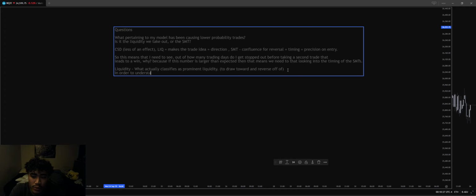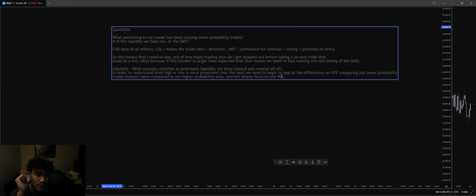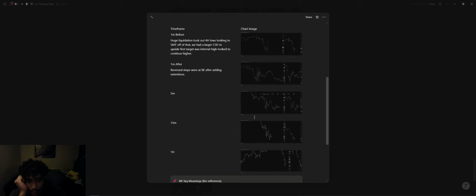In order to understand what high or low is more prominent than the next, we need to begin to look at the differences on higher time frame, comparing our lower probability trades, most likely losses taken, compared to our higher probability wins.